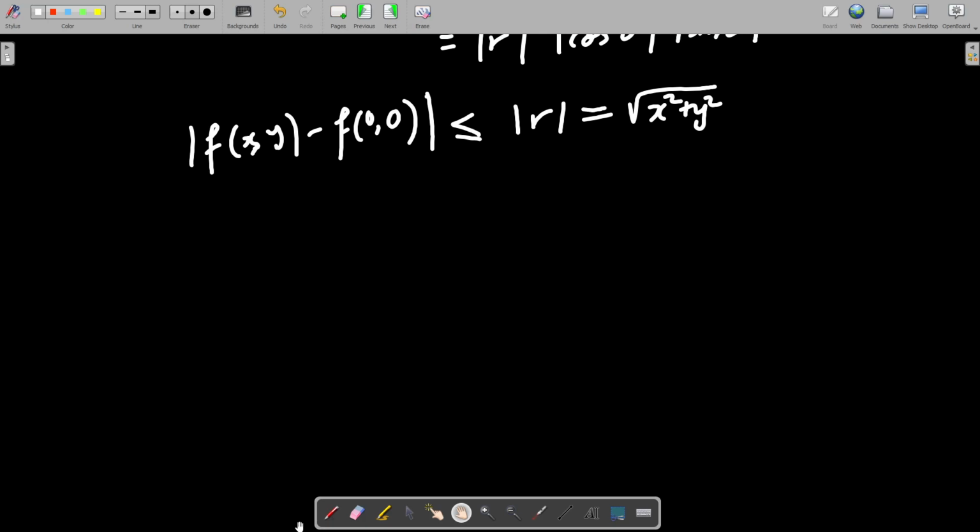We want root over x square plus y square to be less than epsilon, and hence all these things will be true, right? In other words, you want to find a delta such that this happens.